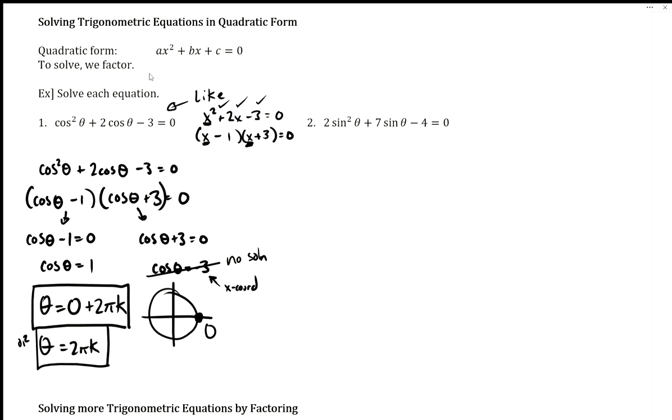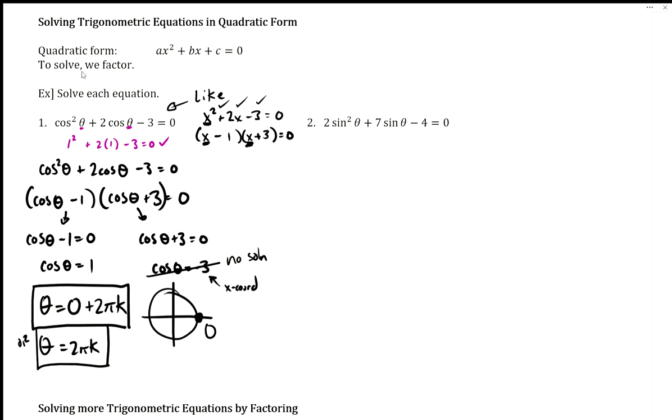And then that's it. Okay, so we could double check it. If I plug in 0, let me do that in the purple right below. So if I plug 0 in for theta, well, cosine of 0 is 1. So this would be 1 squared plus 2 times 1 minus 3. Yeah, that does equal 0. 1 plus 2 minus 3 is 0. So that looks like our answer is good.